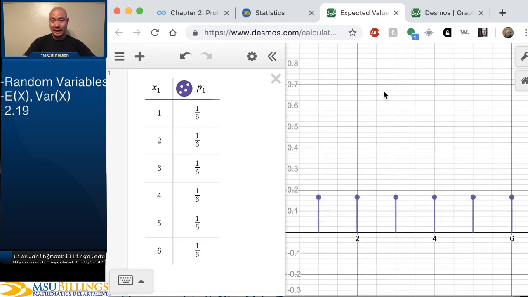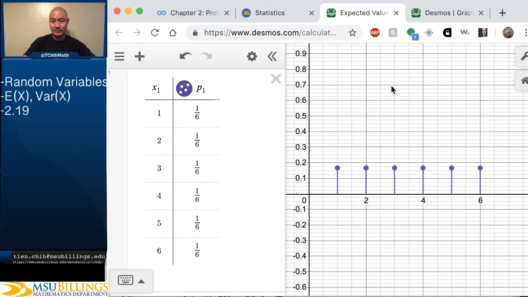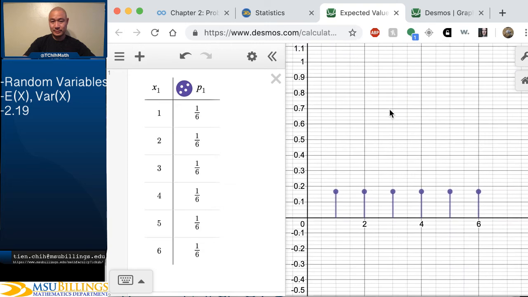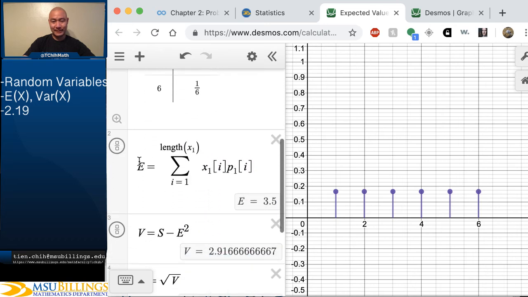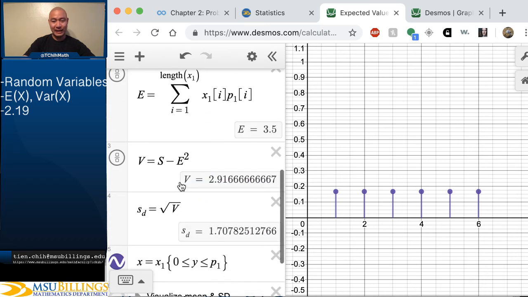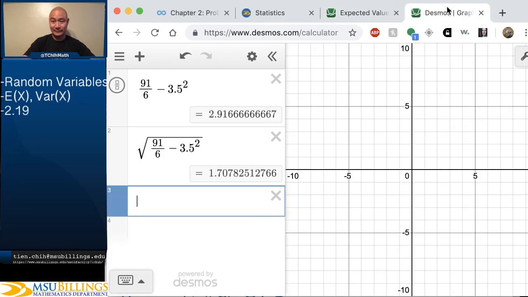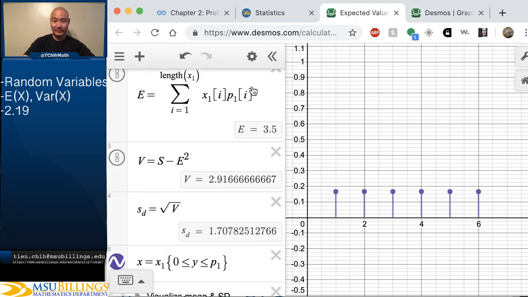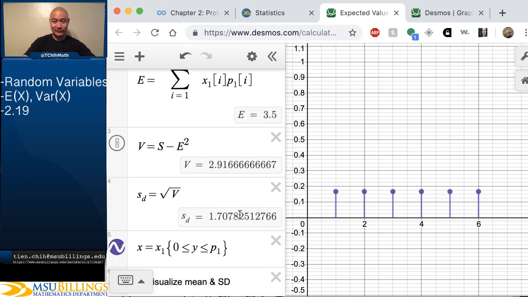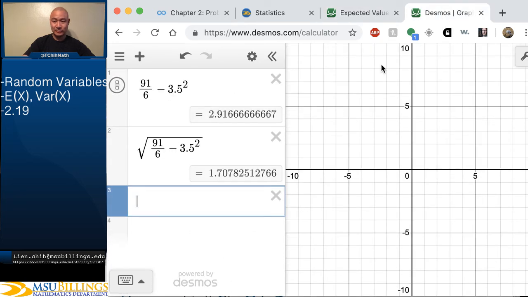And if you look at the side here, it gives you a graph of the distribution of the possible outcomes and their respective probabilities. And if we go down here, the expected value is 3.5, variance 2.916667, exactly what we found here. Standard deviation is 1.707825. All right, perfect, right?